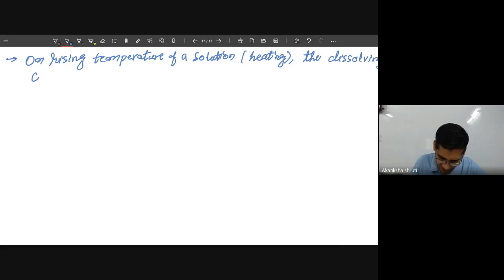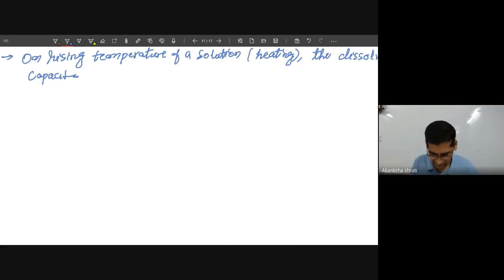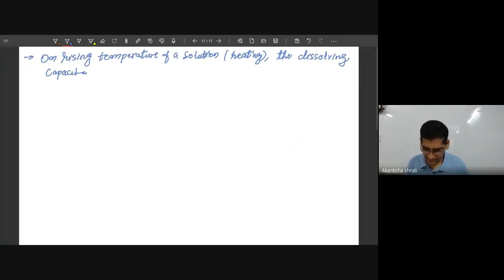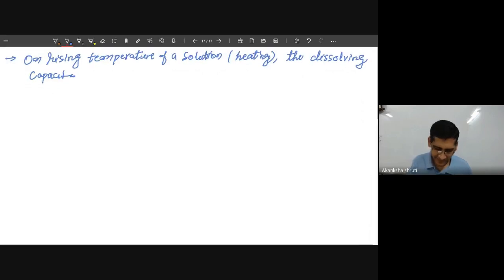Capacity decreases. Just write it. This pen tab is now not working properly as we were used to earlier. Capacity increases.